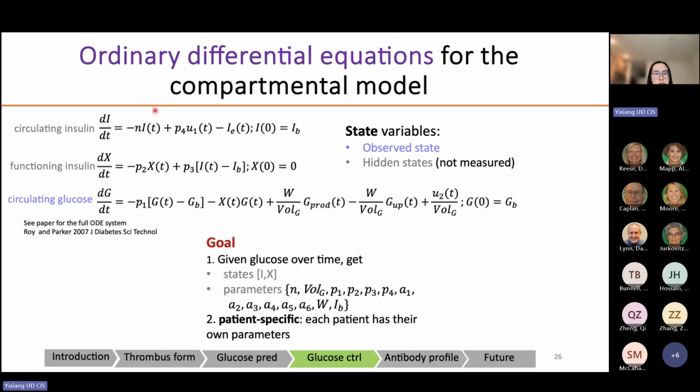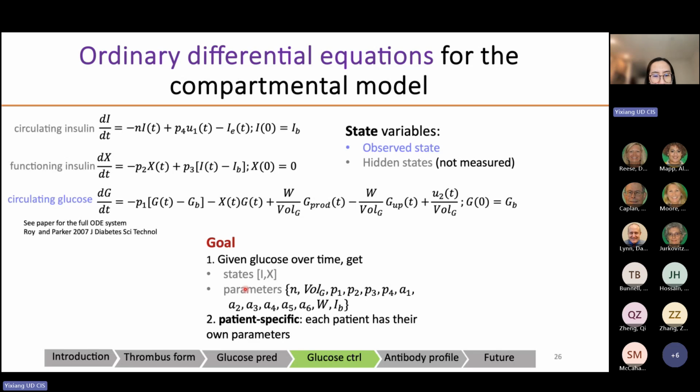So this is the ordinary differential equation, abbreviated ODE, for the compartment model from the last slide. Our goal is to take the glucose over time to get the states that cannot be measured, meaning the values of those variables which cannot be measured by current wearable technologies.